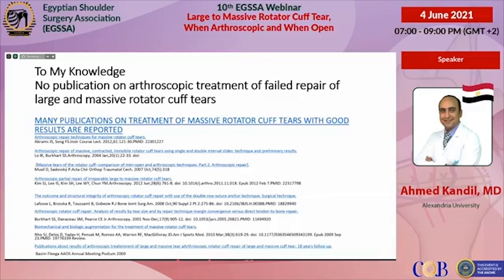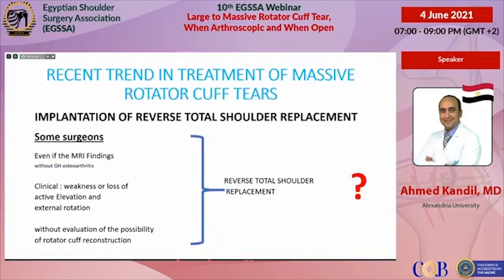Many publications on treatment of massive rotator cuff tears with good results are reported, but to my knowledge, no publication on arthroscopic treatment of failed repair of large and massive rotator cuff tear is presented. Recent trend in treatment of massive rotator cuff tear is the implantation of reverse total shoulder replacement.